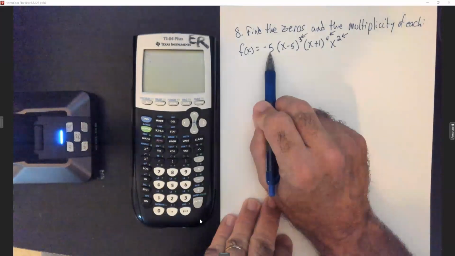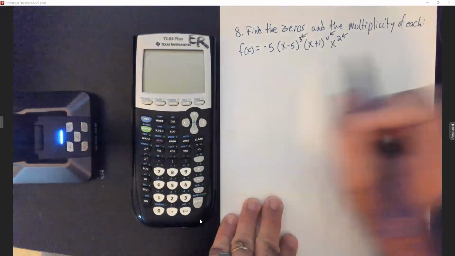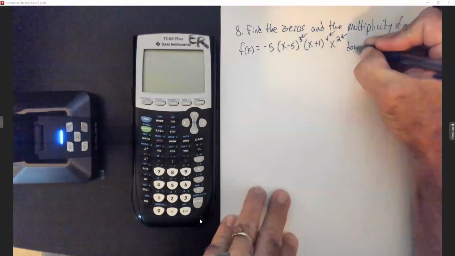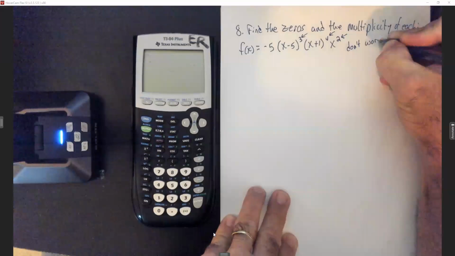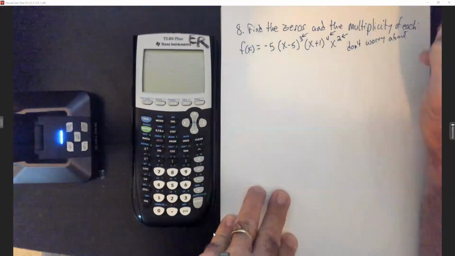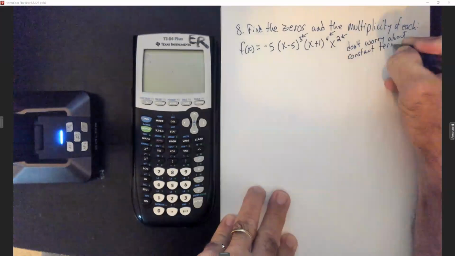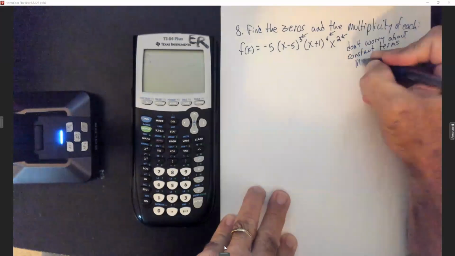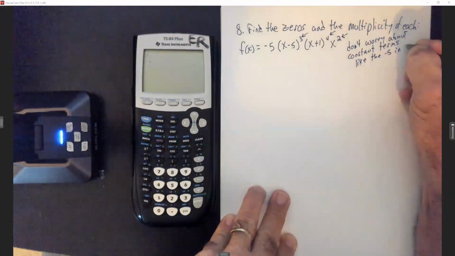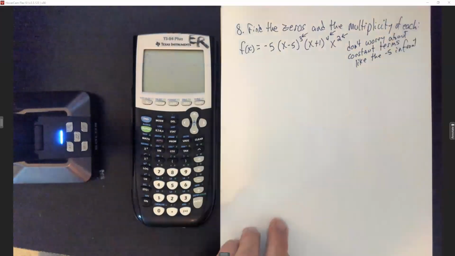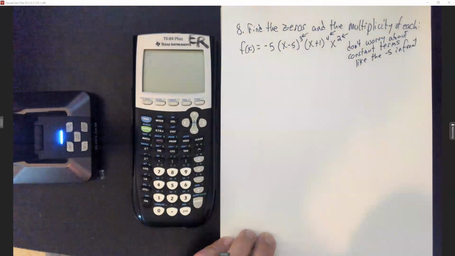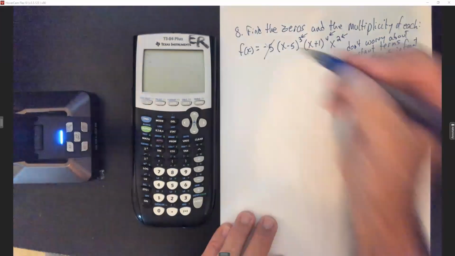It does not have a variable, so we don't worry about constant terms like the -5 in front. Because y'all, it ain't got a variable, so I can't set it equal to 0, okay? So we would typically just cancel that factor out.